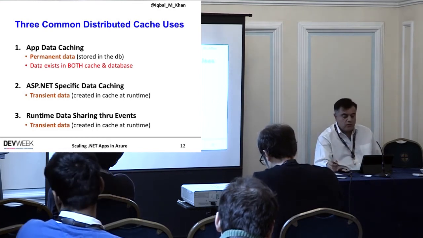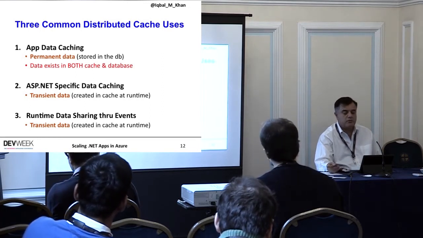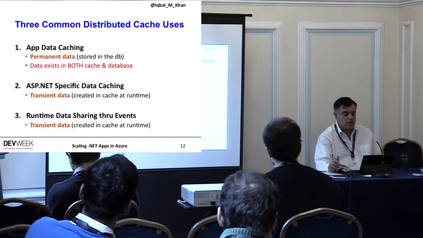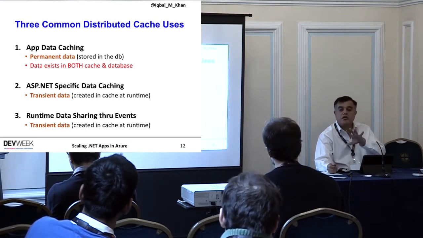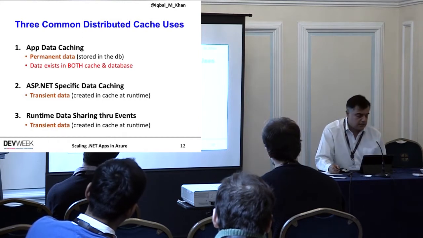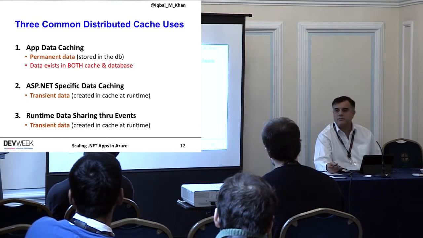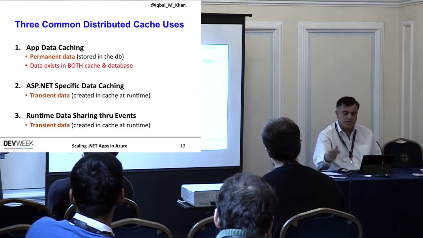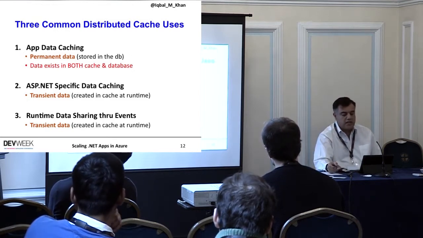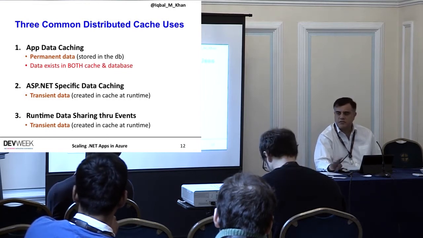Okay, so what are the ways that you can use a distributed cache? There are three most common ways, and again, I'm talking from a .NET perspective here. The first is application data caching. Application data is data that lives in your relational database, your mainframe, whatever your main application database is. That is what I call permanent data, which has to be persisted permanently.